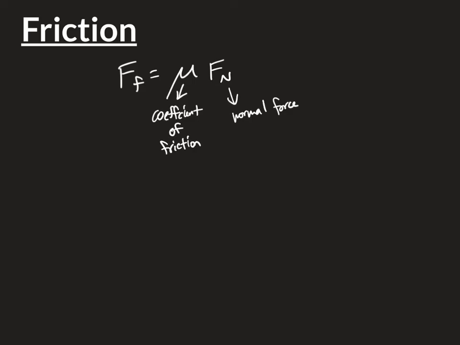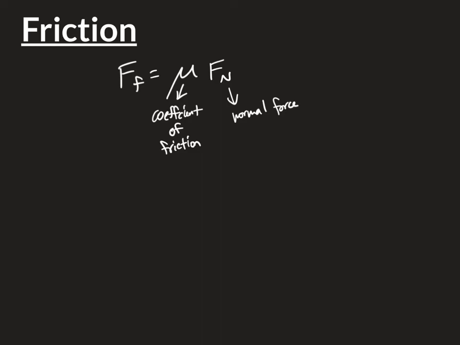So what is this coefficient of friction? It basically is a number that describes how rough the two surfaces are that are sliding against each other. So the rougher the surfaces, the higher this coefficient is going to be. The smoother the surfaces, the lower the coefficient is going to be.